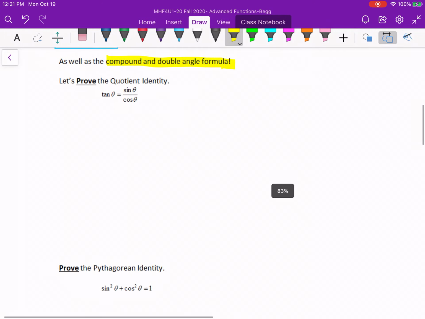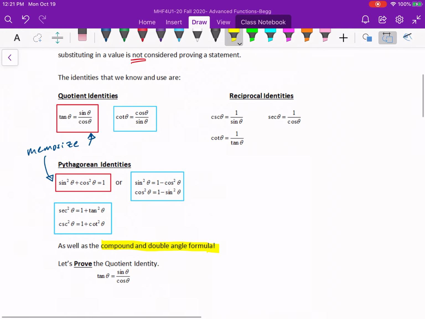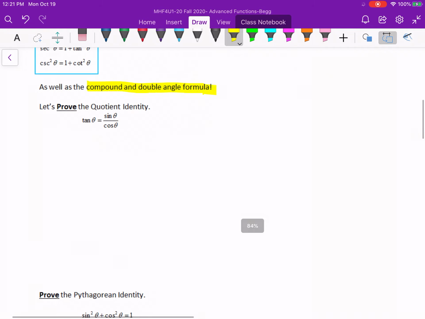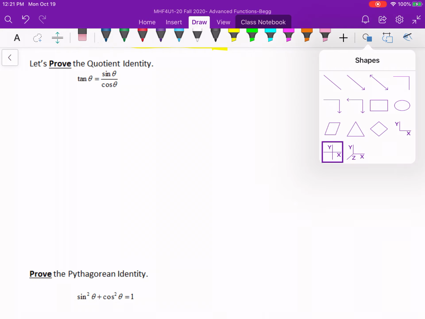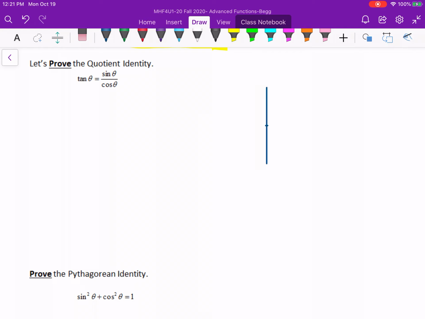Before we jump into using the quotient identity or Pythagorean identity, let's go back to prove where the quotient identity comes from. So, I'm going to draw a Cartesian plane here, and let's just draw a terminal arm on it.